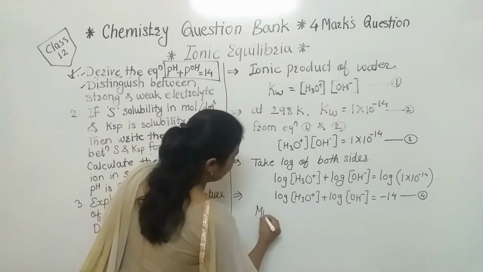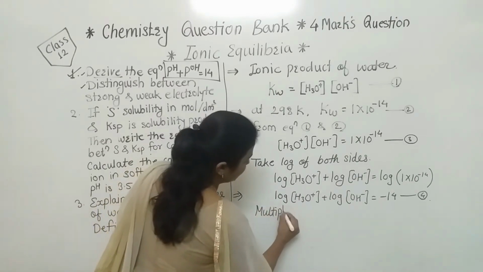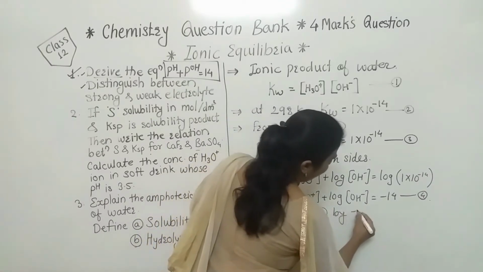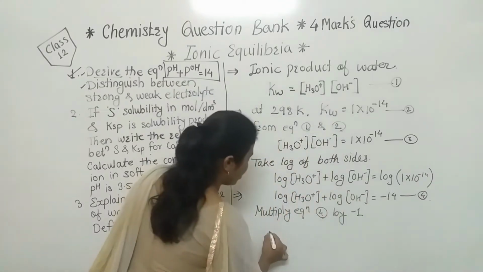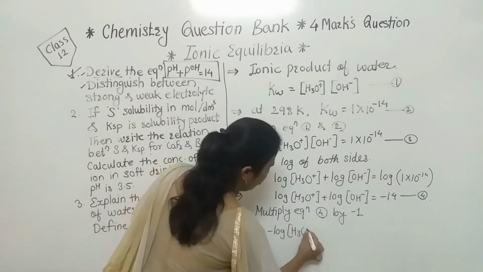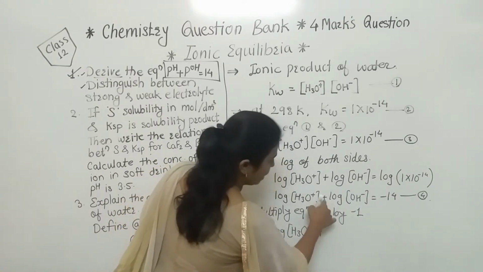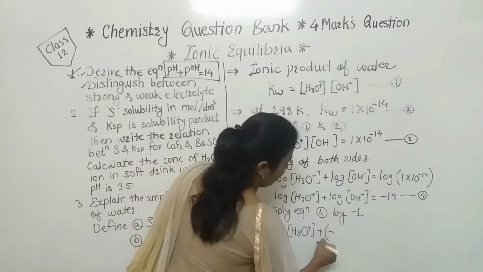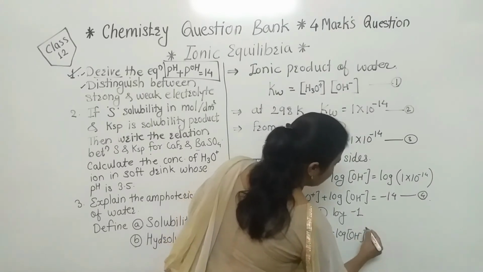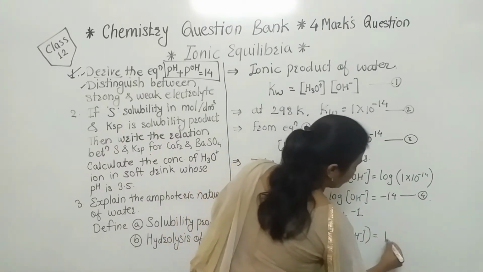Now multiply equation 4 by minus 1. Then what will be the equation? See, minus log of H3O plus, plus sign we are keeping here as it is, minus log of OH minus is equal to 14.